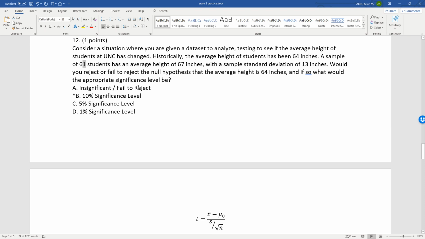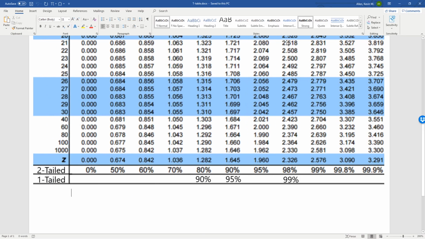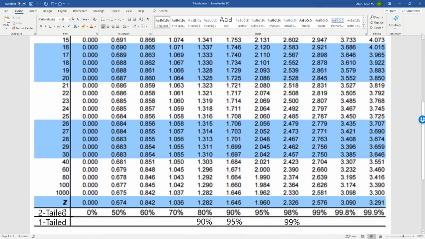We're doing a t-test, so we're going to lose a degree of freedom. So our degrees of freedom will be 60. And if we go to our t-table, what we're going to want to look for is a two-tailed test, because it was different from the historical average, not greater than or less than. Because we're looking for it to be different from, we're looking at a two-tailed test.